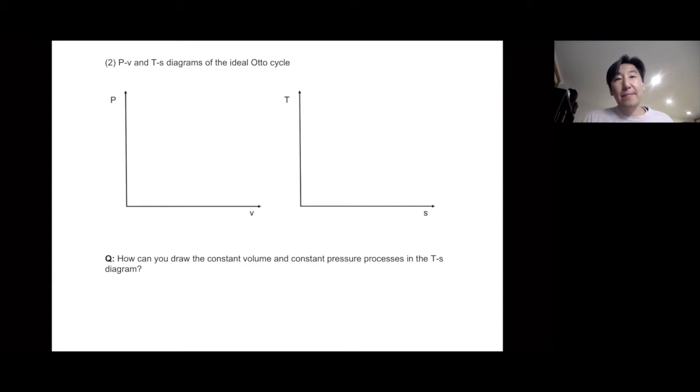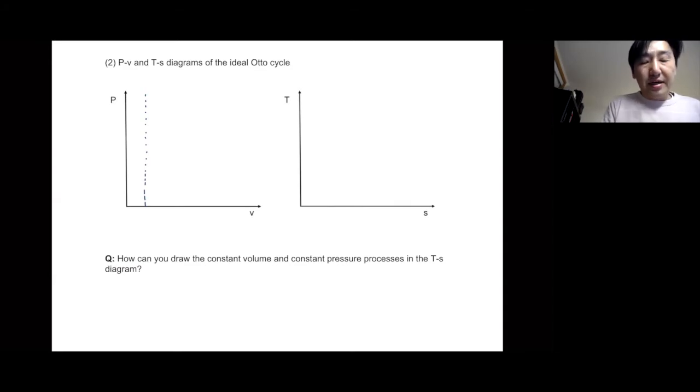Okay, I hope you are now done sketching your own PV diagram. So let's try to do it together. Let's make a certain boundary. That is your smallest volume, or clearance volume.